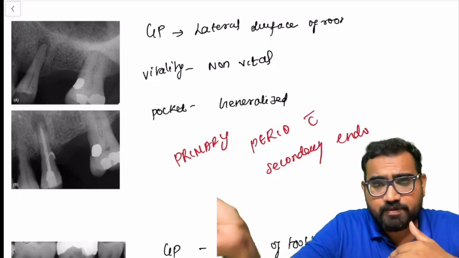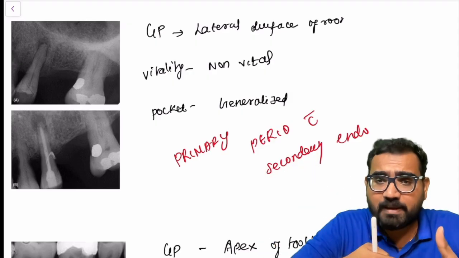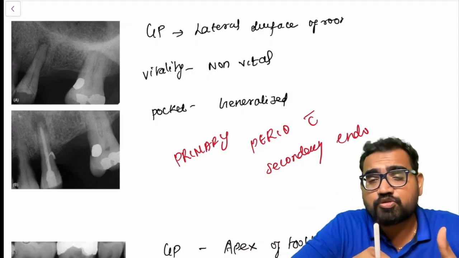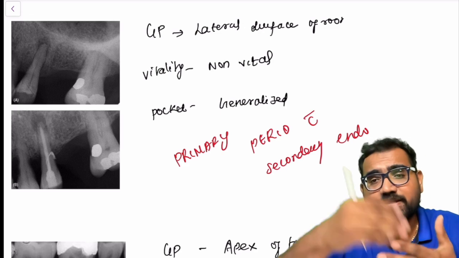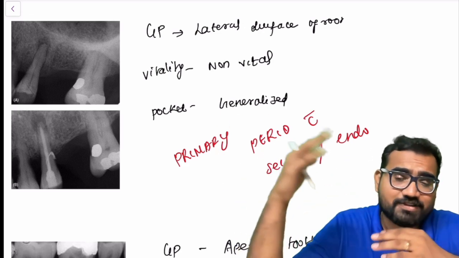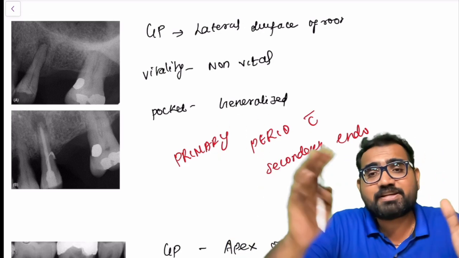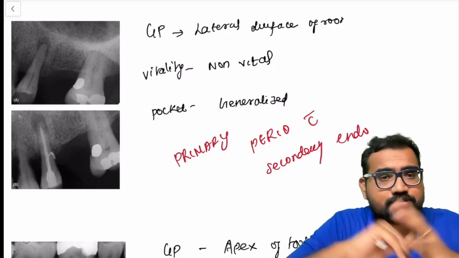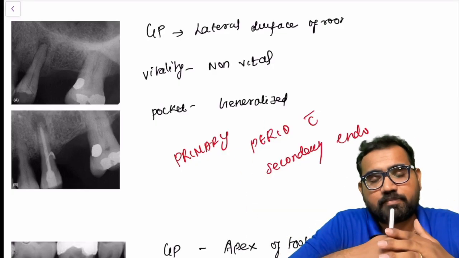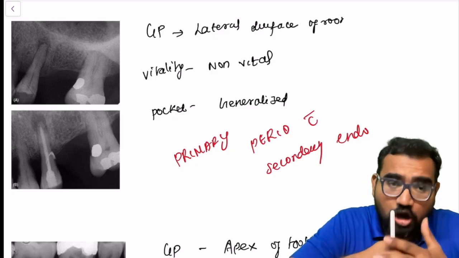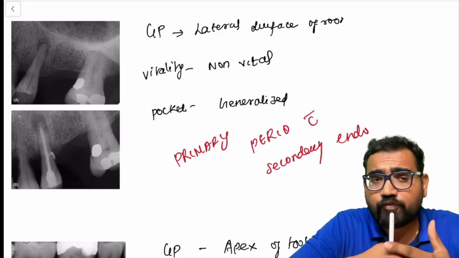If the mobility is greater than grade 1, I'll do splinting. Again, I will evaluate. If the periapical lesion does not resolve even after 2 to 3 months, and there is grade 2 to grade 3 mobility, then that will have a poor prognosis, and I'll extract the tooth. If the periapical lesion is gone, then I will evaluate whether the tooth is mobile. If the tooth is not mobile, I'll go for flap surgeries.